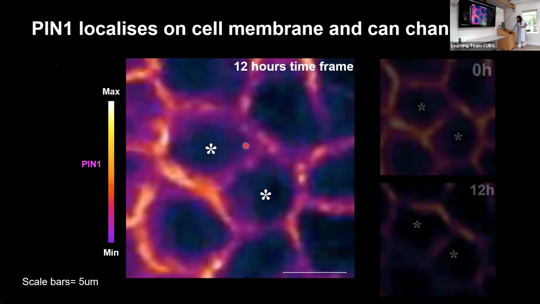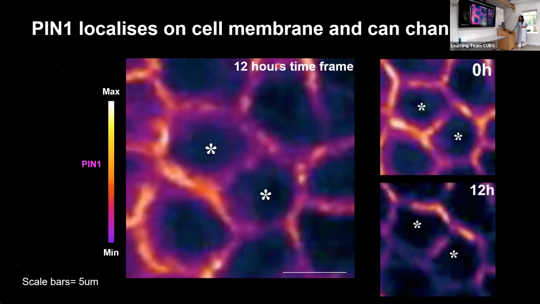Maybe this is more clear in this snapshot from the video. This is the first time point when we saw it. You see a lot of orange on this side of the cell, and at a later time point, the orange has disappeared from here, and most of the orange is now seen on this side of the cell. So it has flipped its side of localization.